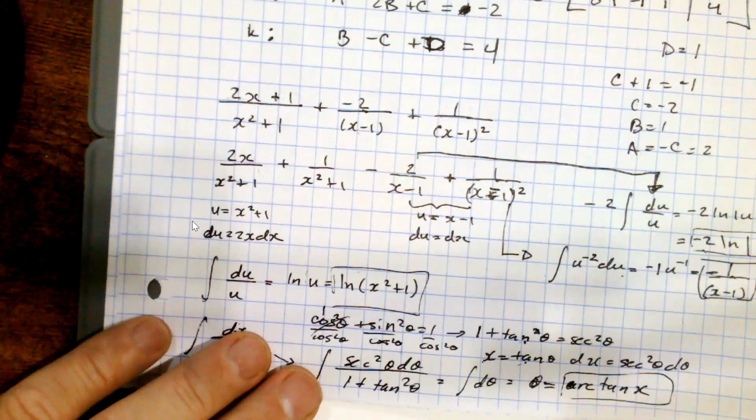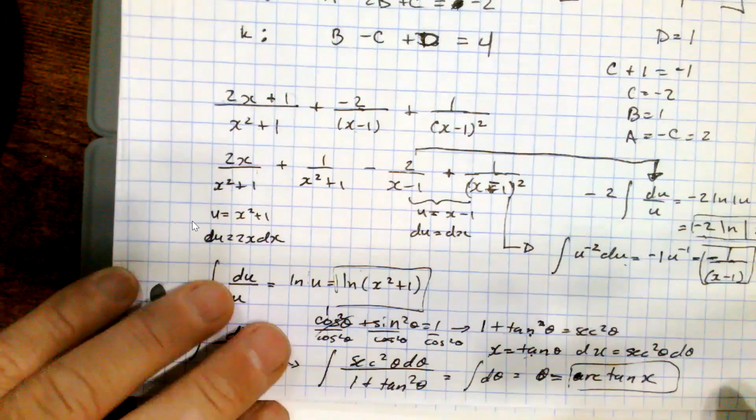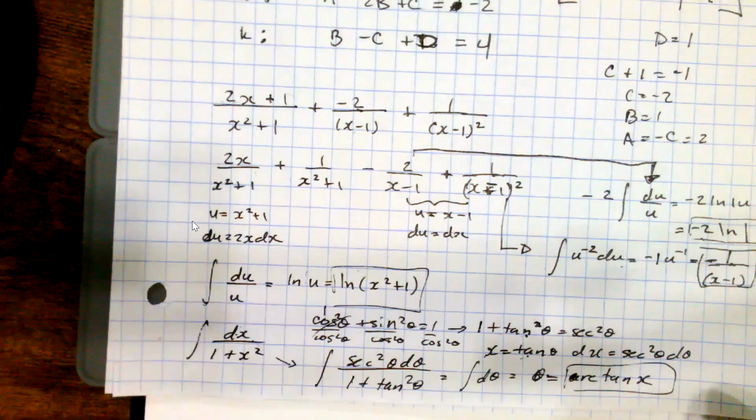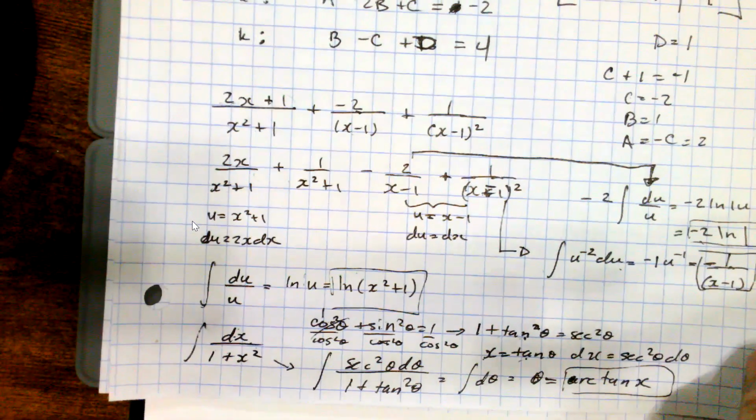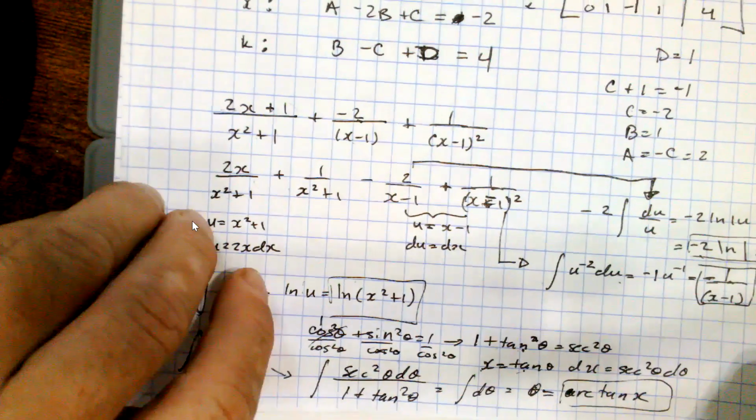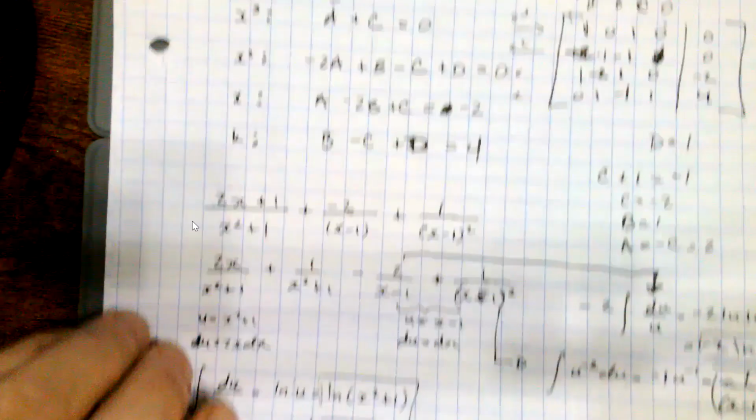So with all of these pieces, finally putting it together, our final result for our integral is a lovely little bit. Let me see if I can find some room up here.